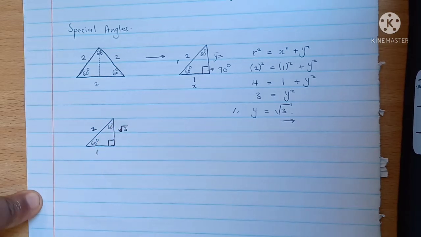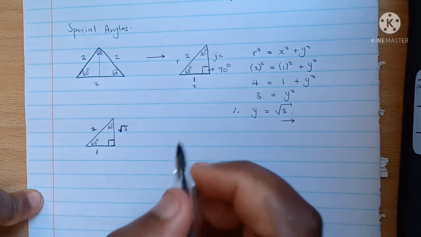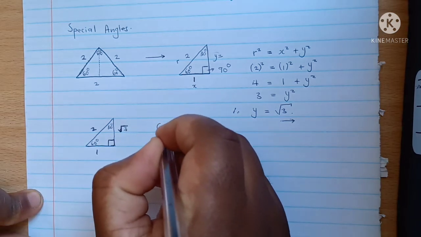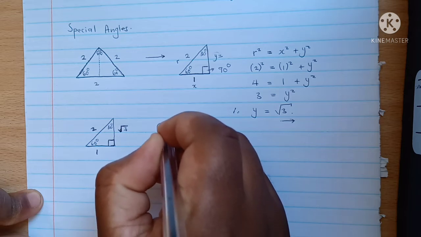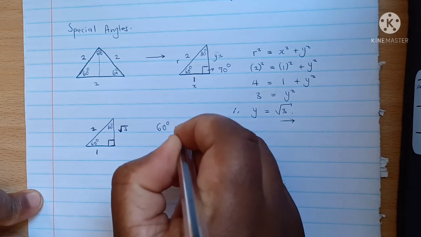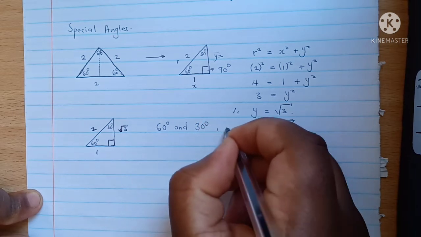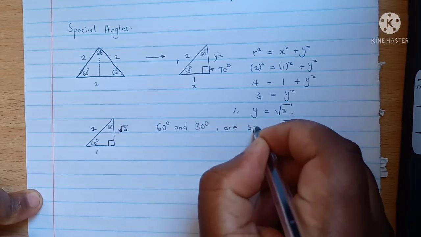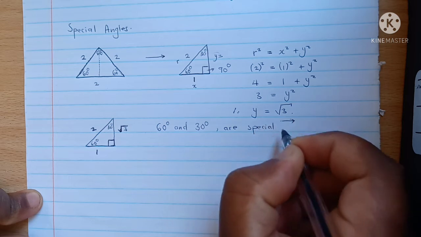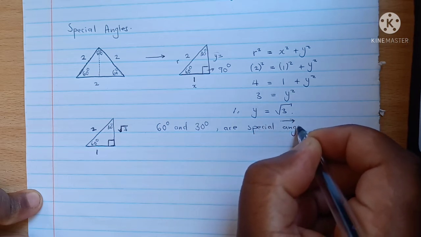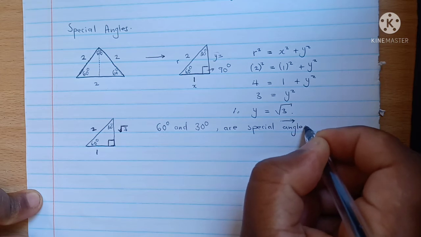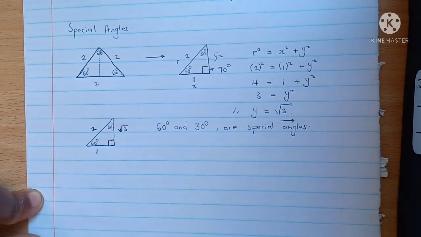So, when we talk about special angles, guys, we need to know that 60 degrees and 30 degrees are special angles.